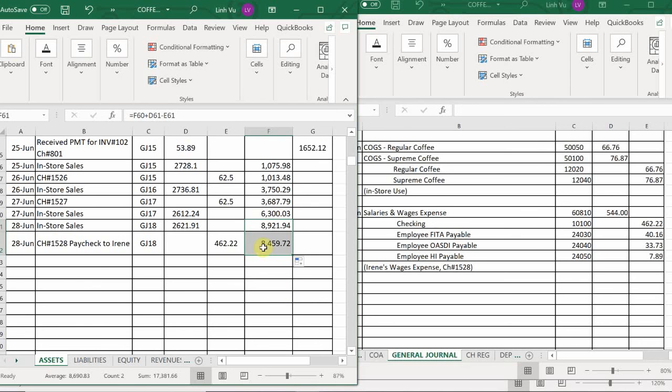Good. $84,59.72 is what we have left in our bank account.